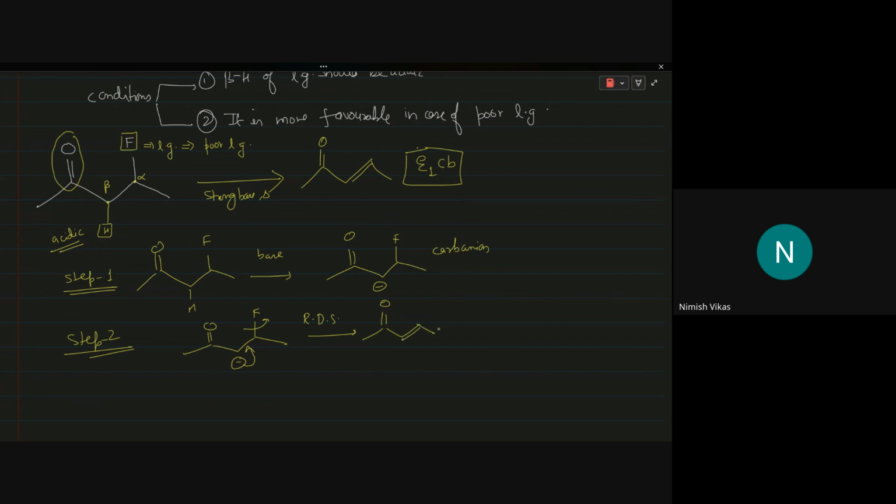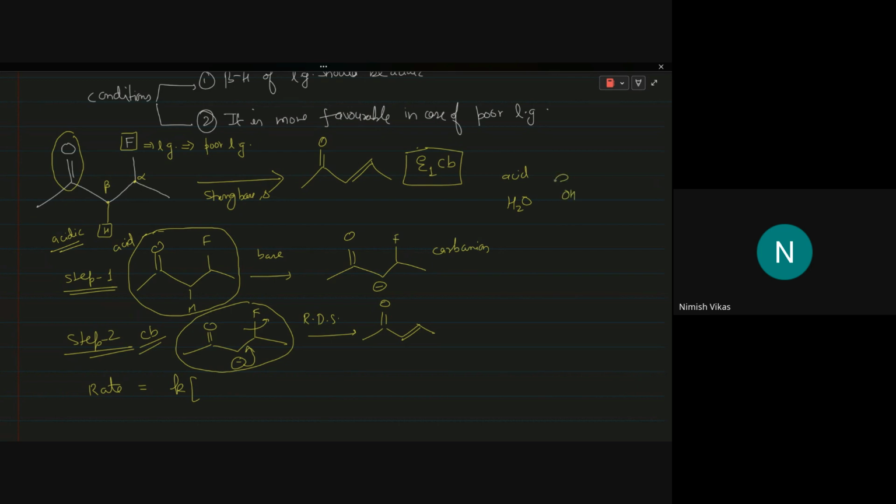If you ask me about the rate of this particular reaction, the rate will be K times the concentration of the conjugate base. Suppose this is the acid. On the removal of one hydrogen from the acid, what we get is a conjugate base. If H2O is the acid, what will be its conjugate base?